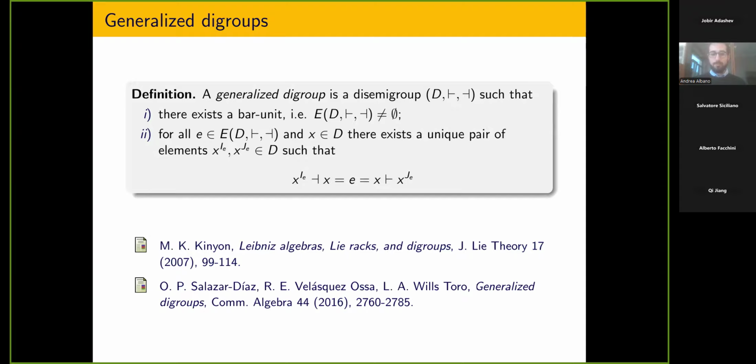A generalized digroup, or a digroup, put simply in the next few minutes, is a D-semigroup, so a set D together with two associative operations that satisfy the three identities that we have seen before, such that there exists at least a bar unit, and such that for each fixed bar unit and for all elements X in the set D, there exists a unique pair of unilateral inverses X^{-1}_i, X^{-1}_j, in the sense that they satisfy the identities that you can see on screen.